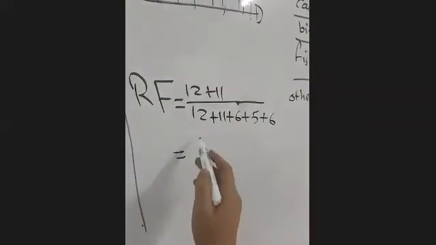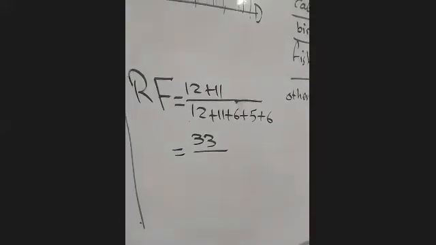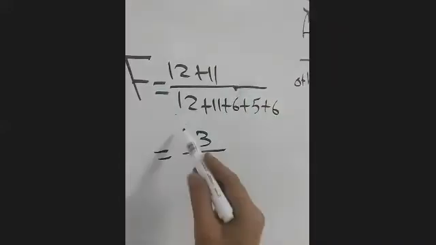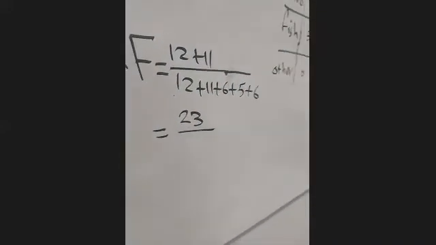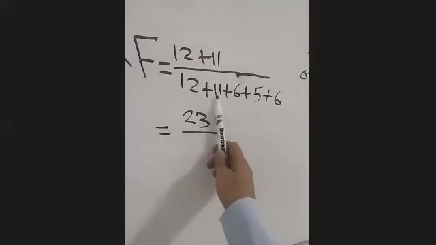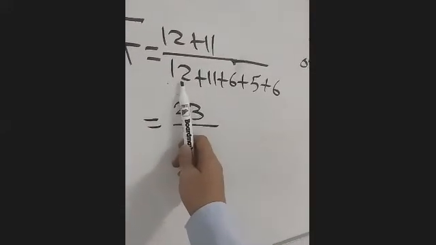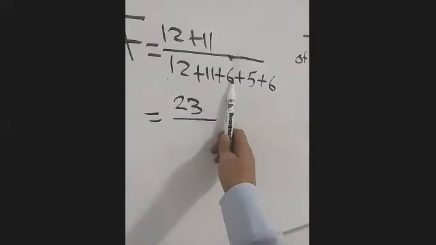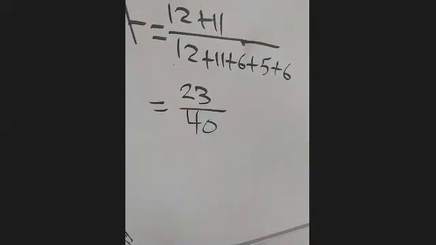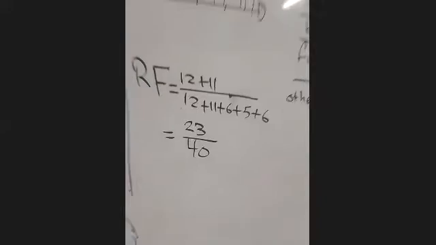Up it will be what? 23. Down it will be what? Add them. 40. 11 with 11 is 22, with 12 is 34, with 6 is 40. Right? 40, are you sure? Yes.